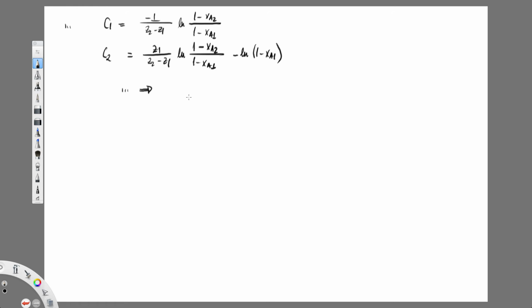After a bit of rearrangement, you would get that ln of 1 minus xa, divided by xa1 is z minus z1 ln 1 minus xa2.